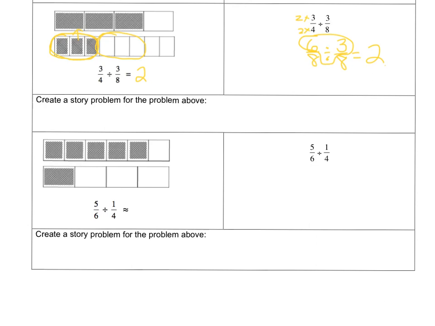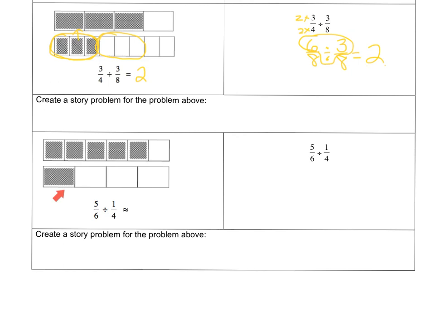Okay, so now you're moving along with me. Now we're going to take another look at another model. I have 1, 2, 3, 4, 5, 6. 6 pieces, 5 are shaded out of the 6. And I'm going to see how many 1/4 pieces are inside 5/6, because here's 1 piece out of 4. So we're going to figure out how many of these fit up here.